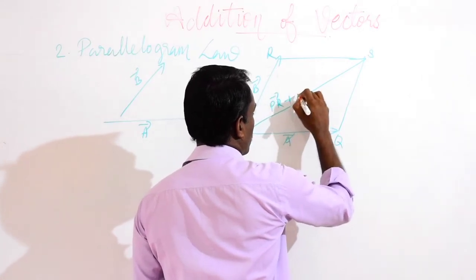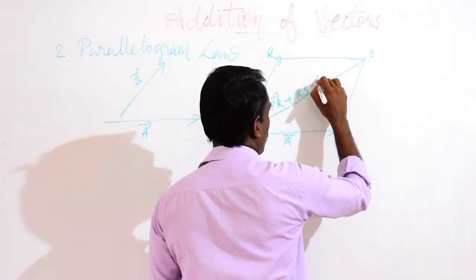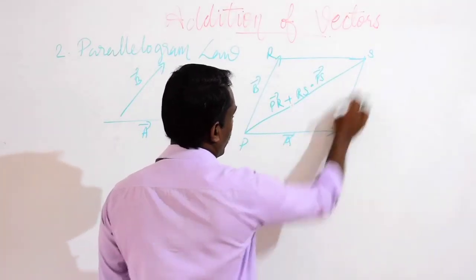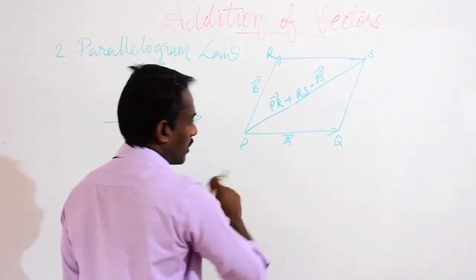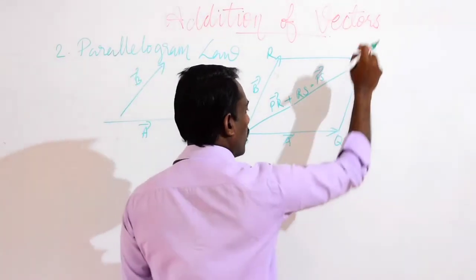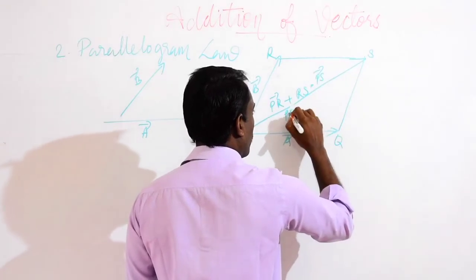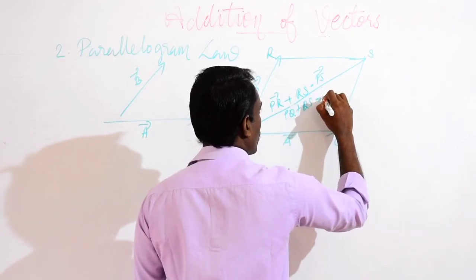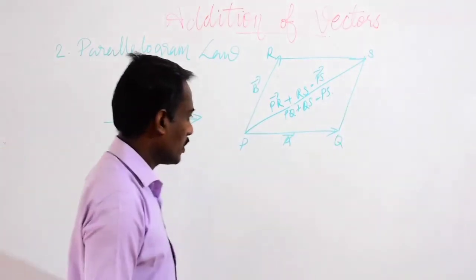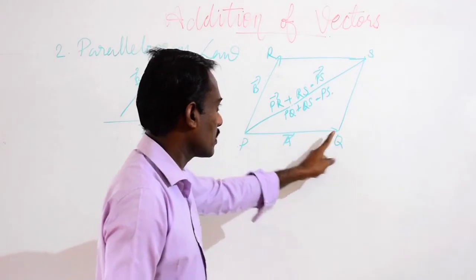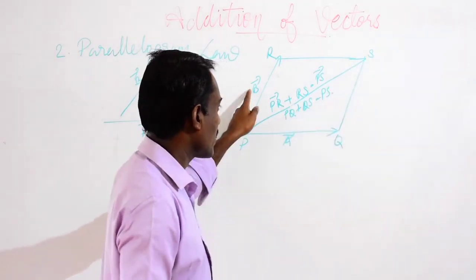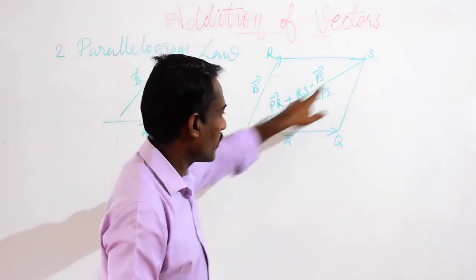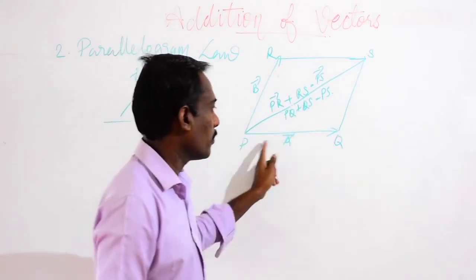PR plus RS is equal to PS. PQS forms another triangle, that means PQ plus QS is equal to PS. That means vector A plus this side, which equals vector B, also gives the resultant vector of this second triangle PQS.